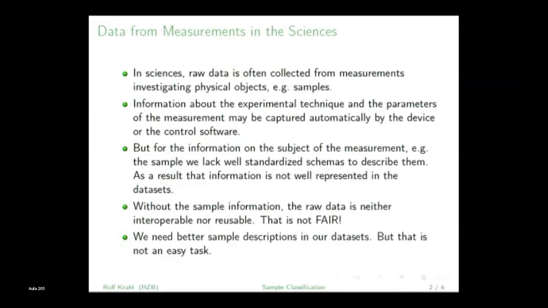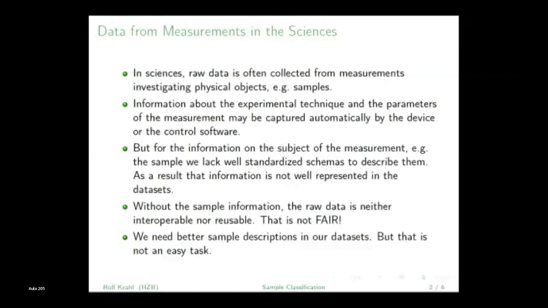And when we do such measurements, often, maybe not always, the information about the measurement technique and the parameters of the measurement can be captured automatically. But the sample that is subject to the measurement is in general not captured automatically.